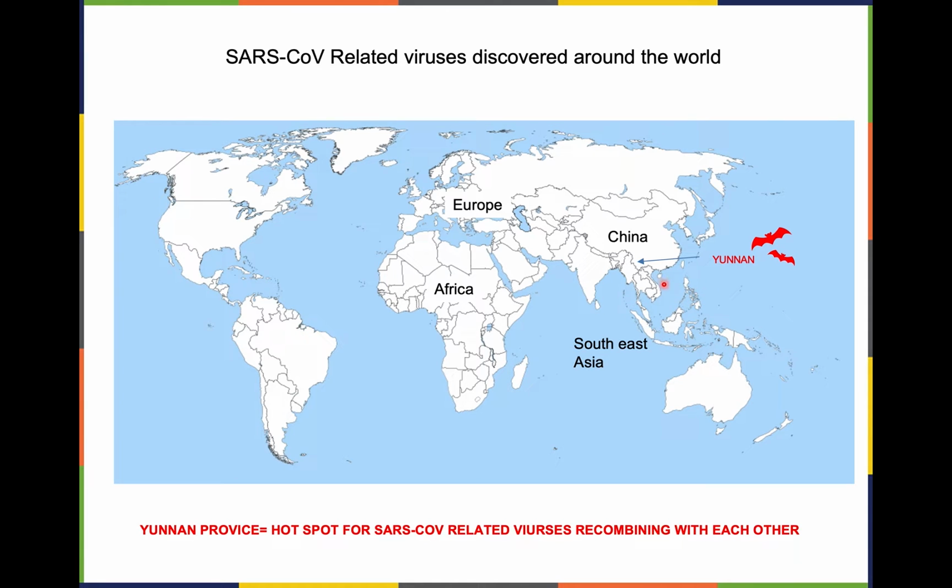If we do not do this research, we will not be prepared for future pandemics. We will not be able to predict what kind of viruses are going to come out of nature. So supporting scientific research in studying viruses in the world is really important, especially viruses that transfer from animals to human beings. These are called zoonotic viruses.